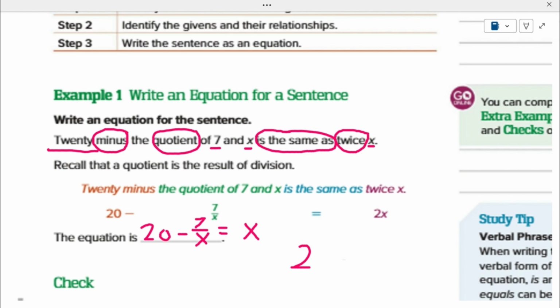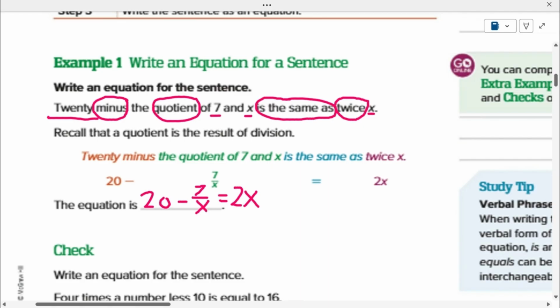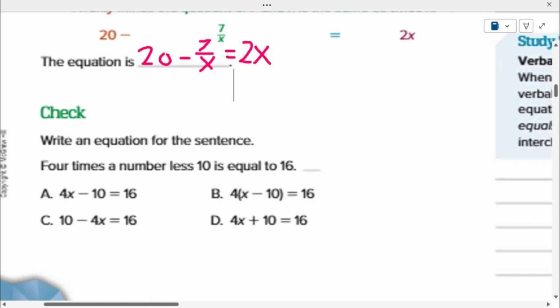So 2x. All right, and that is our final equation. We know it's an equation because it has an equal sign. An expression does not have an equal sign. Pause the video, try the check. It's multiple choice, write in your letter, and we're moving on to example 2.